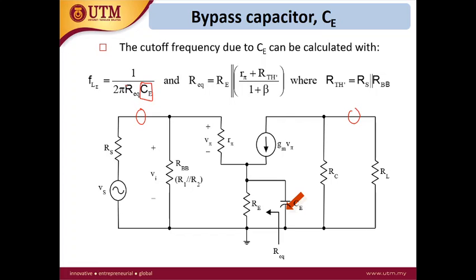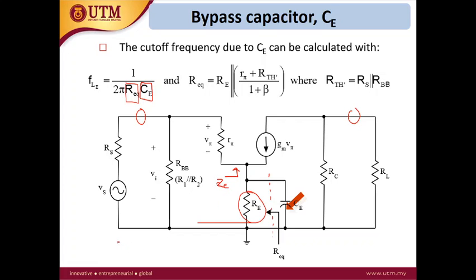How about the value of total resistance? The total resistance is the resistance seen from the CE point. When you see from this point, you will see RE parallel with what we call ZE.